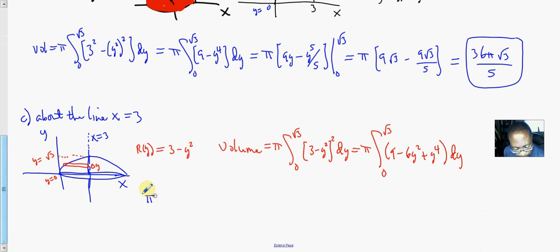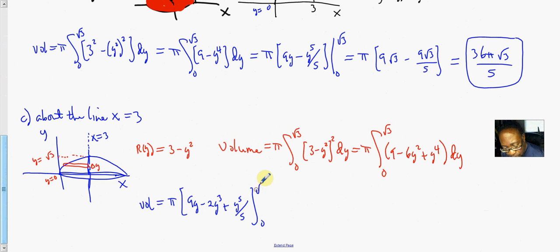So we have pi, we get 9y minus 6y to the 3rd divided by 3. 6 divided by 3 is 2, so minus 2y to the 3rd plus y to the 5th all over 5.